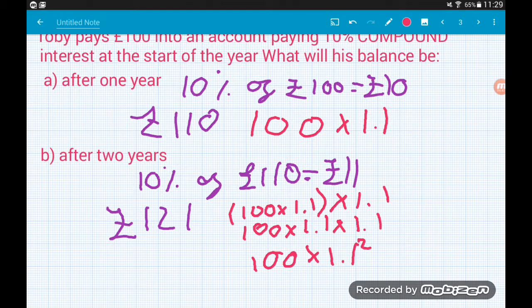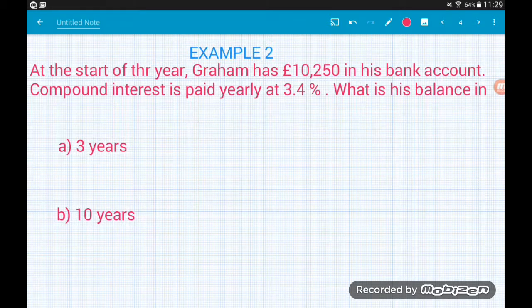So here we were increasing by 10%, which means our multiplier was 1.1, and then for the second part we wanted after 2 years. So we do 100, our original amount, times 1.1, our multiplier, to the power of 2. Cool. So let's do some more complicated ones, and you're definitely going to need your calculator for these.